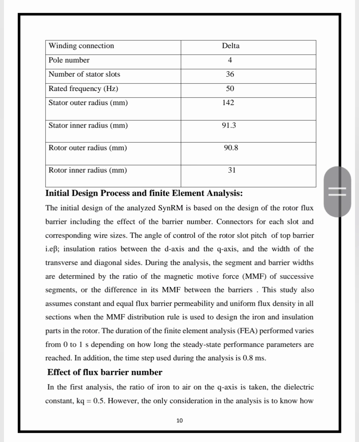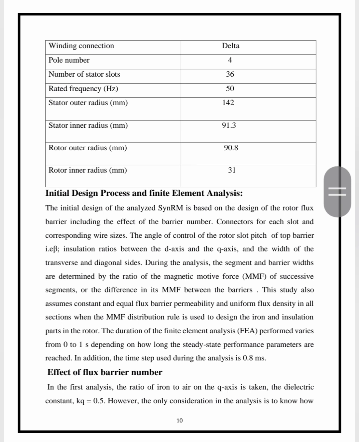Connector for each slot and corresponding wire sizes also matter. The angle of control means beta insulation angle, and the beta insulation angle comes in the ratios between the d axis and the q axis, and the width of the transverse and diagonal sides.